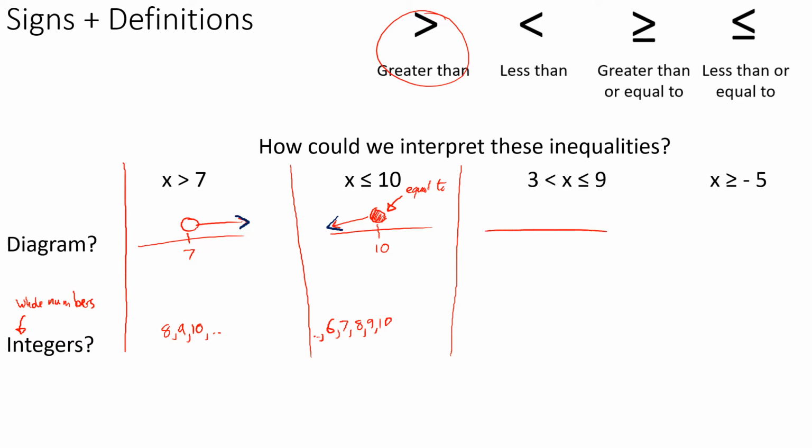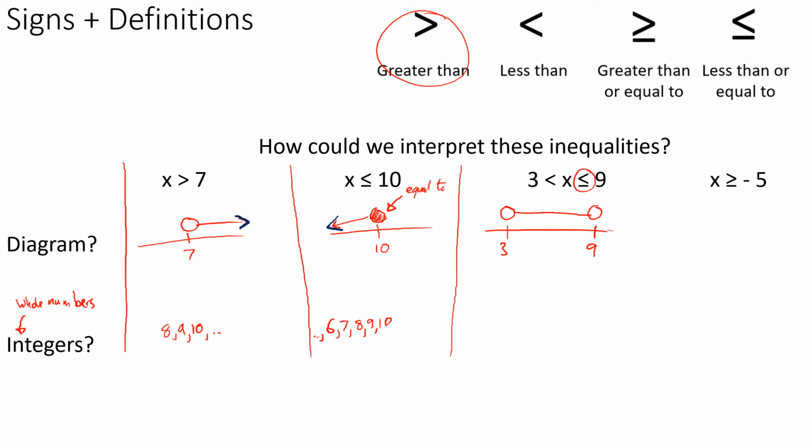Well, this is a nested inequality, we call it, where it's got two numbers it's in between. So we would mark on again both of the numbers that are in the question, the 3 and the 9. We would draw a circle on both of those numbers, and we would join that up because this just means in between. Is there anything we're missing here?